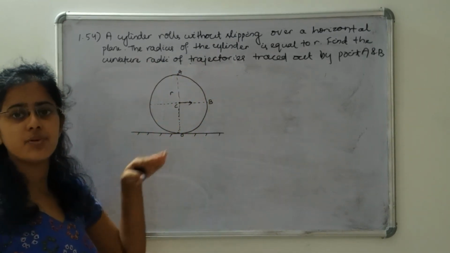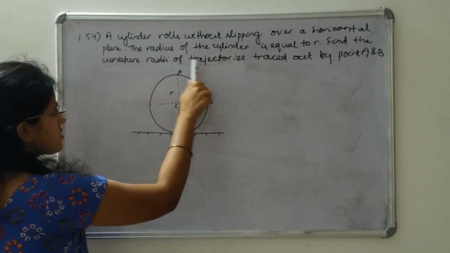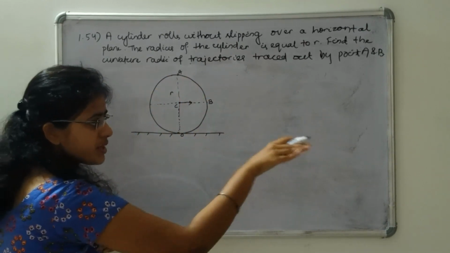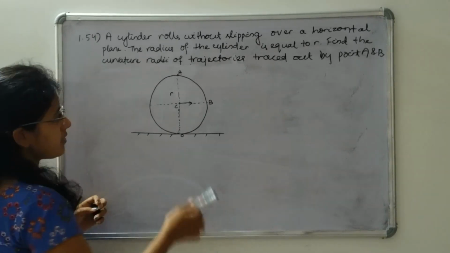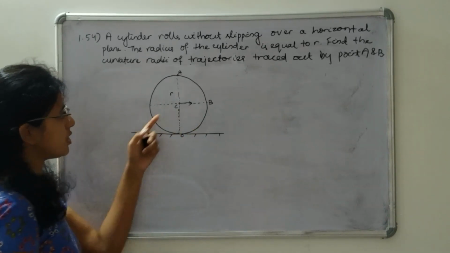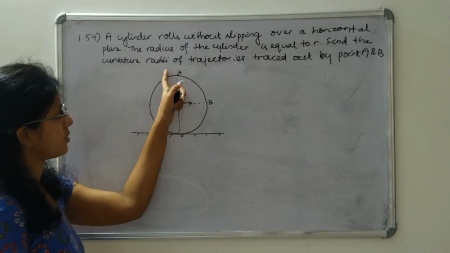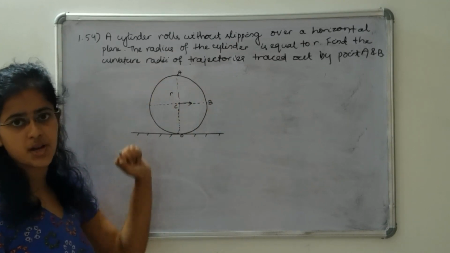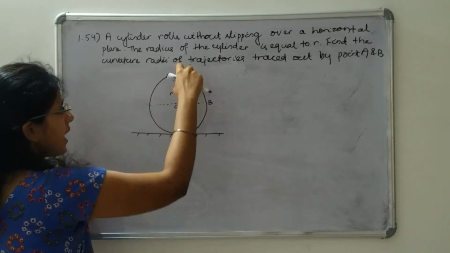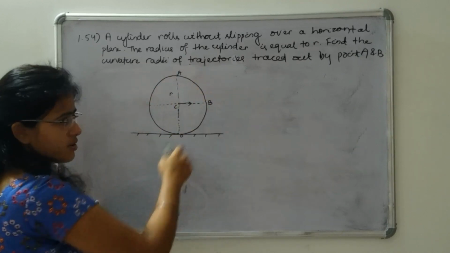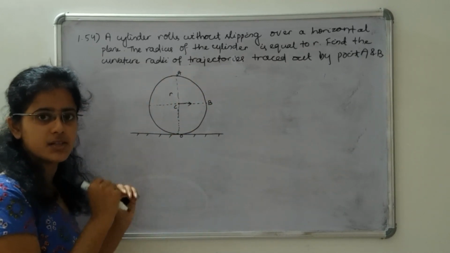That means when we are in the ground frame, this is rolling, rotating, as well as moving in the horizontal direction. If you are in this center, then the radius of the trajectory of points A and B is how much? Smaller. Because for you, A and B are moving in this circle, as you are in the center of that circle.